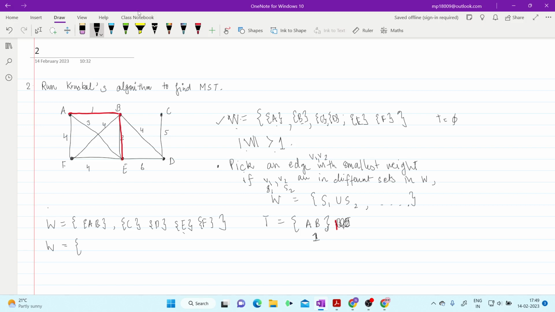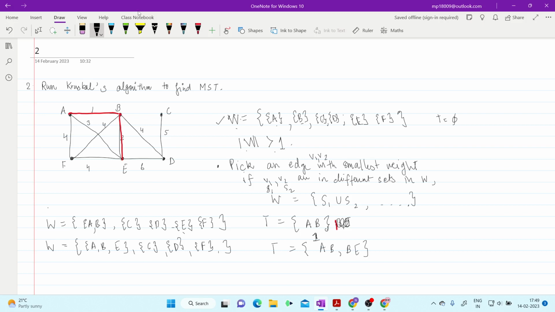B and E are also contained in different sets, so we merge those sets: A, B, E, and now we are left with C, D, F. And the new tree becomes AB, BE.